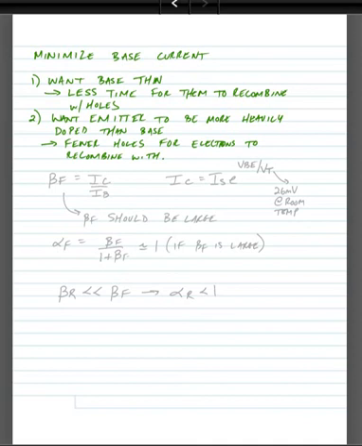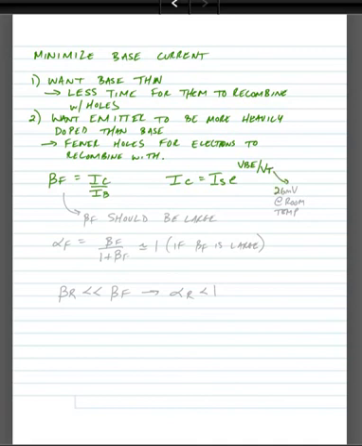We can define a forward active current gain in the transistor called beta forward, and this is defined as IC over IB. Now we also know that our collector current, IC, is just given by a diode current, which is equal to some saturation current, I sub S, times e to the VBE over VT, our thermal voltage.